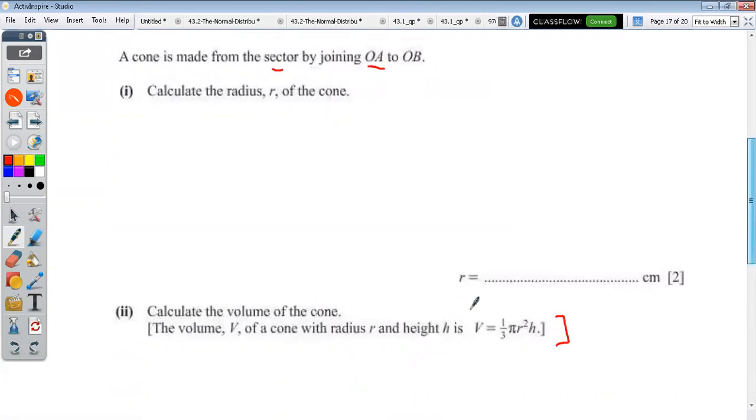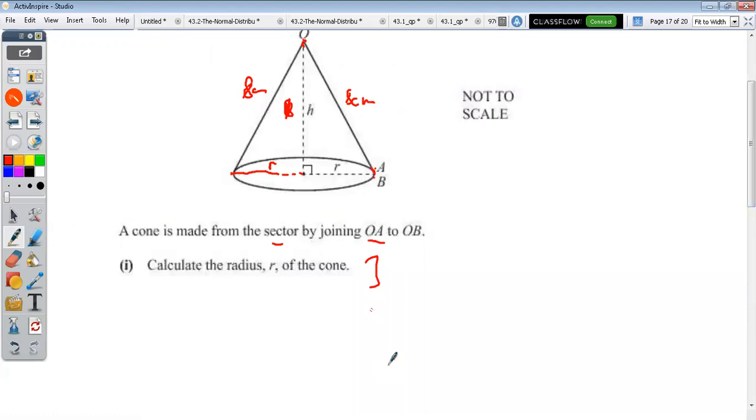Anyway, let's talk of this first, the radius, before we jump to that. So how do you find that? Calculate the radius.